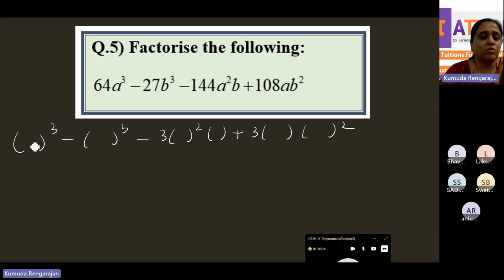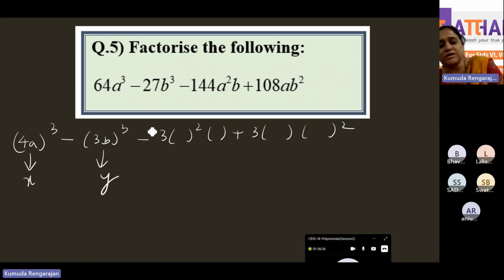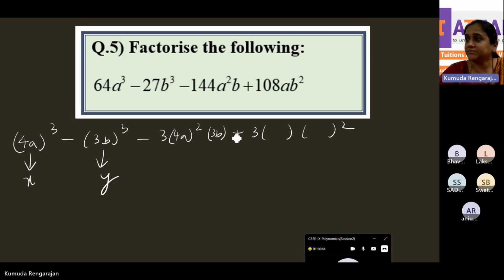Now fill. What will be in the first bracket? 4a. The second bracket, 3b. Now this is only your x cubed, and this is your y. So you should write 4a here, and you should write 3b here.